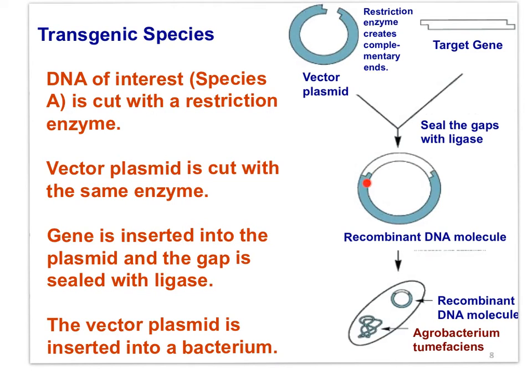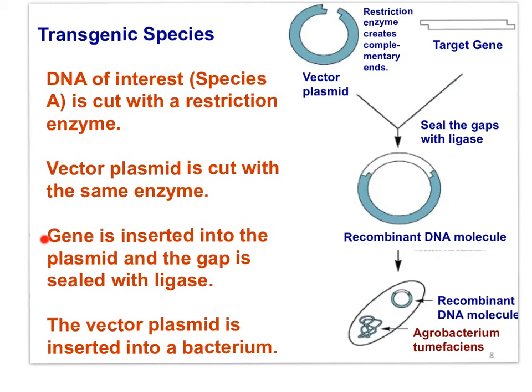And then the recombinant DNA molecule, the recombinant plasmid, is inserted into a cell, in this case a bacterial cell. The bacterium is known as Agrobacterium tumefaciens, and this bacterium can be used to infect plants, which would industrially produce the protein from the target gene seen here.